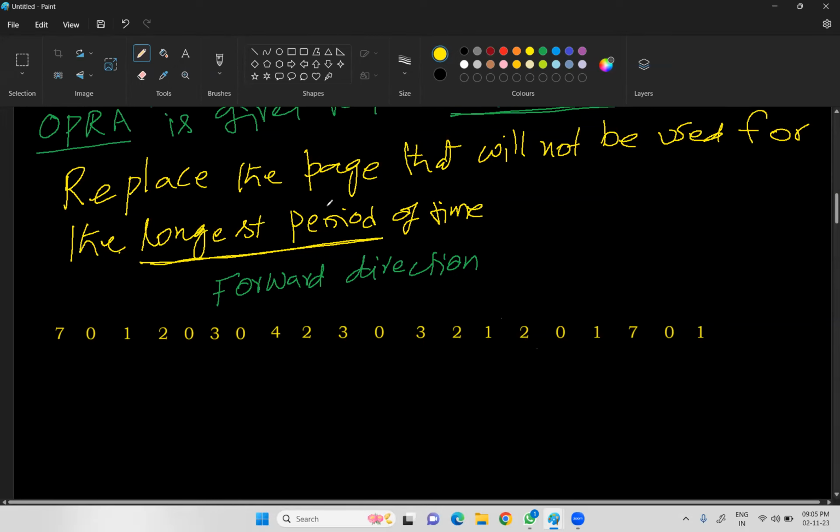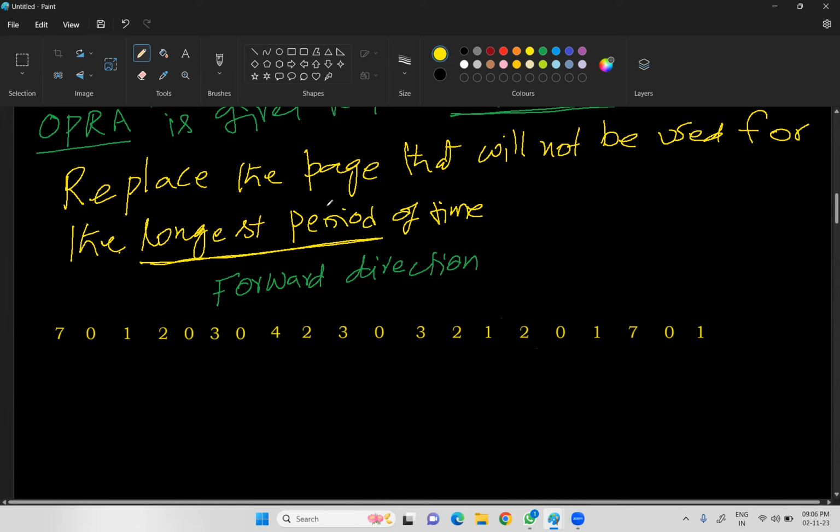Let me draw only the first one, and the remaining is obvious; please write it yourself. Let me read out the frames: 701, 203, 042, 030, 212, 01701.